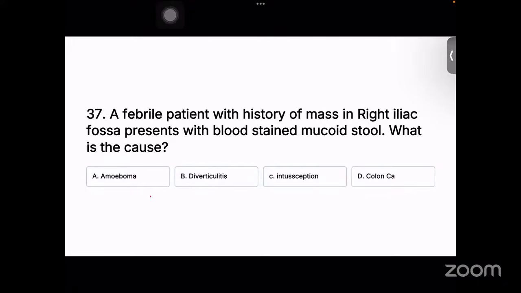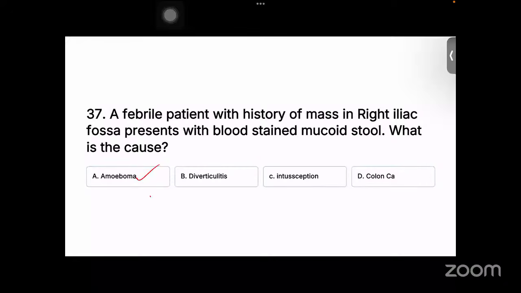It pretends to be colon cancer. The cecum is affected, and there are ulcers on colonoscopy, followed by blood-stained mucoid stool. Amoeboma will be the option because the patient is febrile. In colon cancer it is possible, but the patient is afebrile.